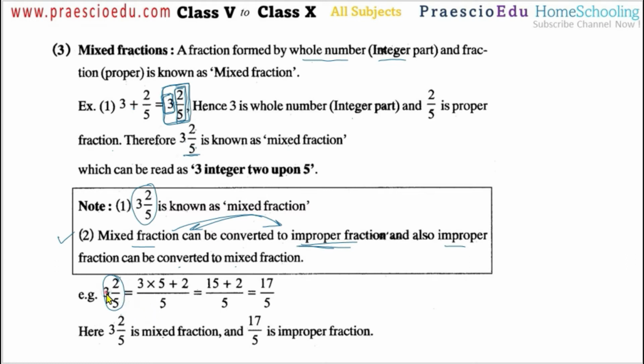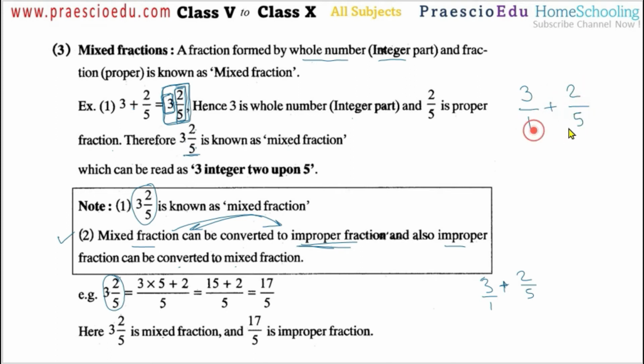Now 3 plus 2 by 5. The whole number 3 is also 3 by 1. Here I just write 3 plus 2 by 5.